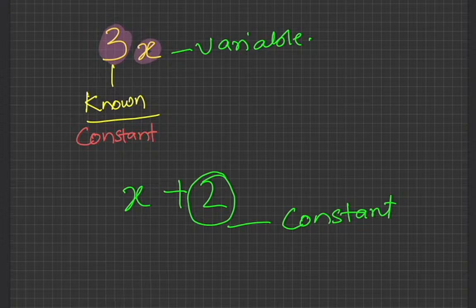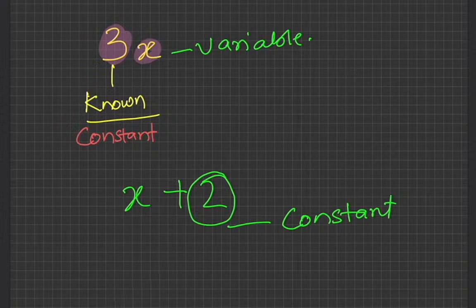So your answer is false, because a constant cannot take various numerical values because it is a known value. Constants can take various numerical values. The statement is false. Constants are always constants. It cannot take various numerical values. It cannot take any other value because that value is already fixed.